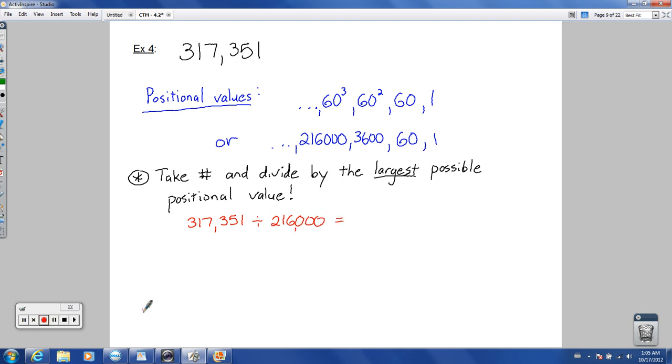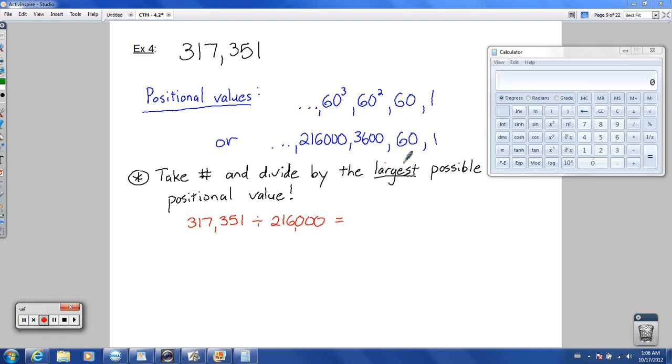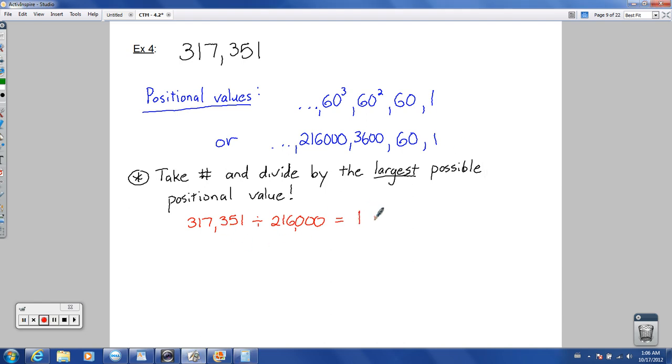Now I'm going to take out a calculator and put this in: 317,351 divided by 216,000. I get 1 point and then a bunch of crazy stuff, some repeating digits eventually. So what's the whole number? How many whole times is this going into this? That's what I'm really concerned about. So it's 1 whole time.